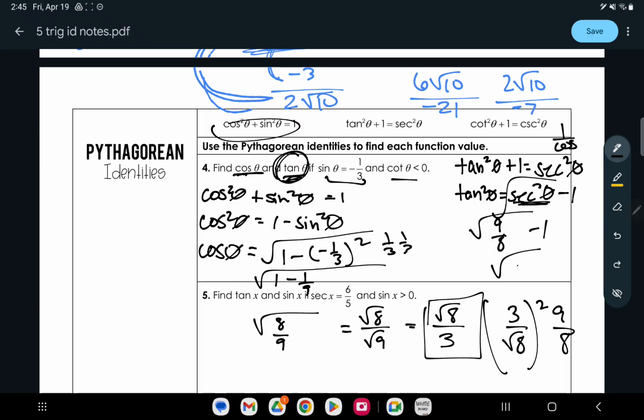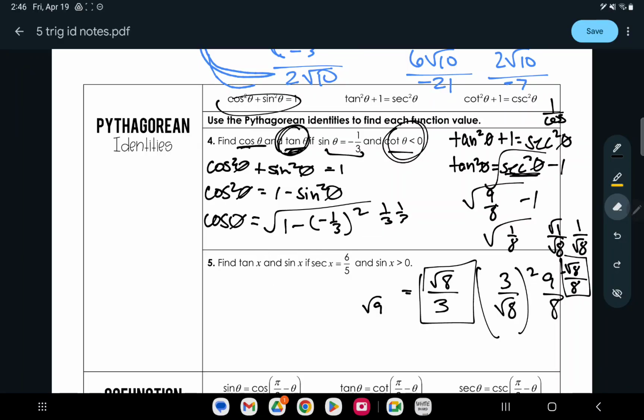To give 1/8, 1 over root 8, which is root 8 over 8. And I won't even worry about reducing that. Except it said cotangent was less than 0. So negative.